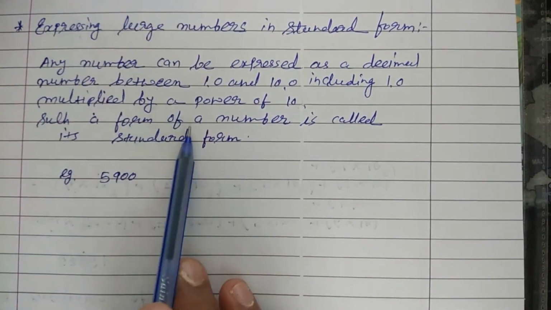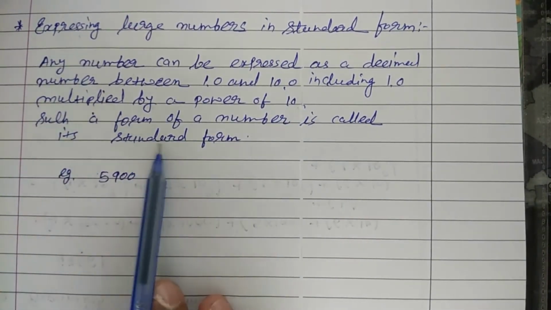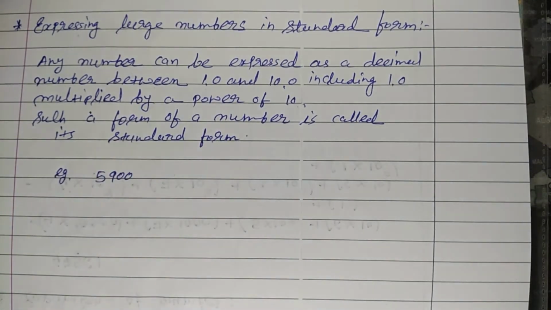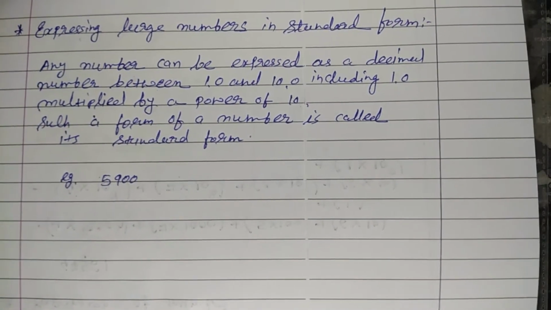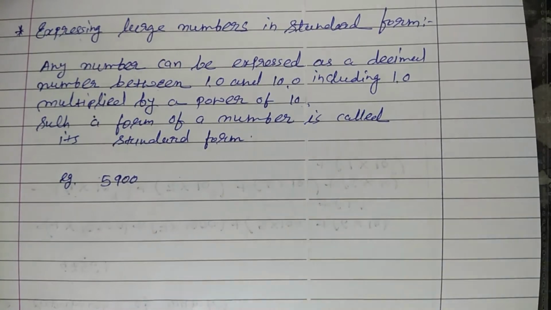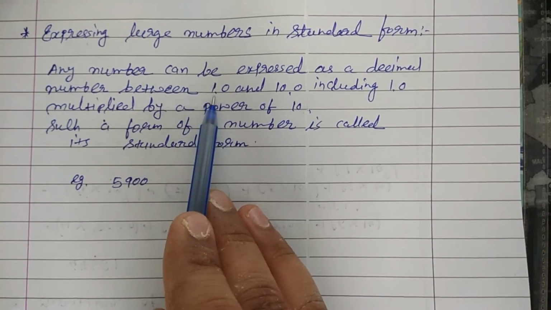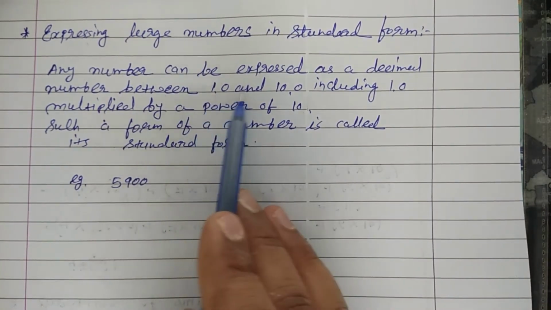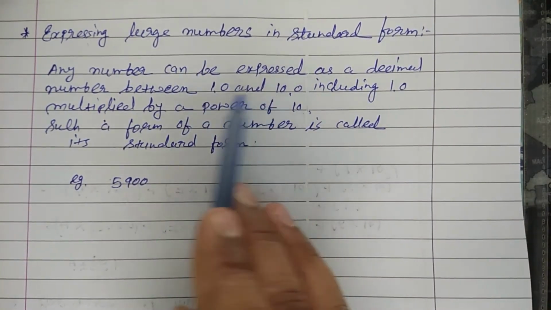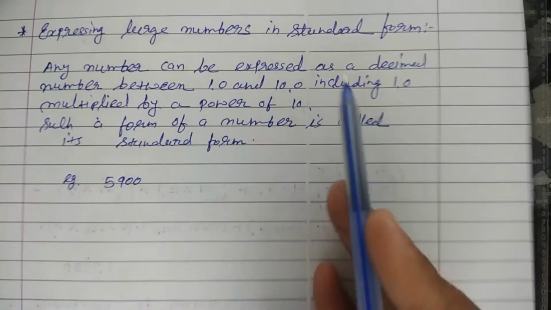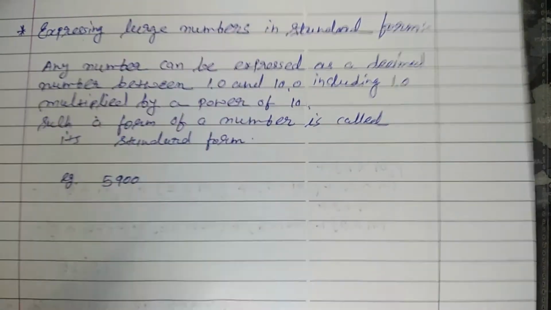Such a form of a number is called its standard form. So from this definition we learn that any number can be expressed in standard form. And what is standard form? Standard form is a decimal number between 1.0 and 10.0, including 1.0, multiplied by a power of 10.